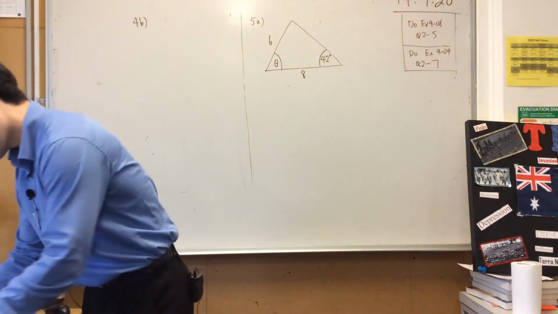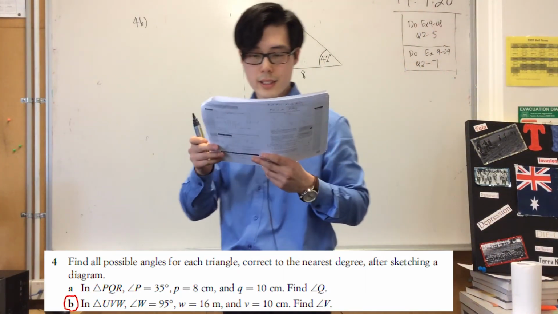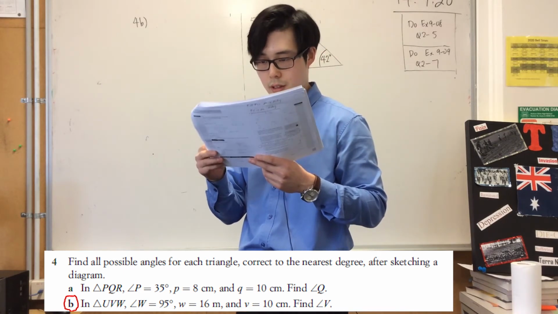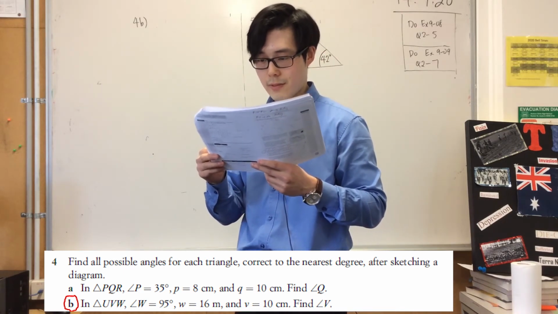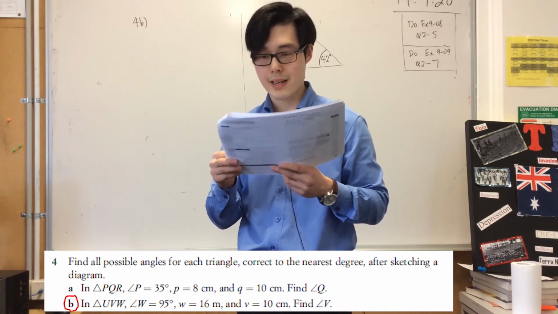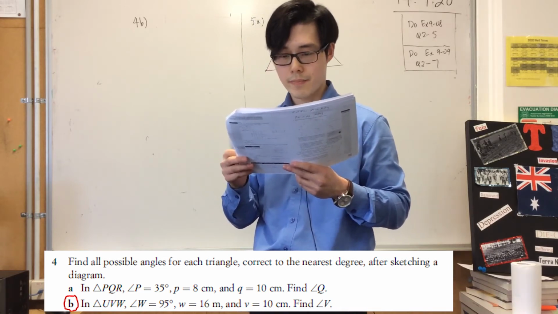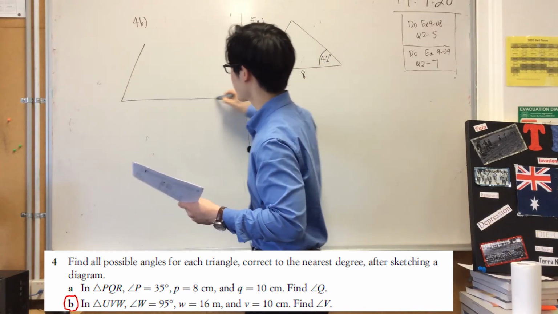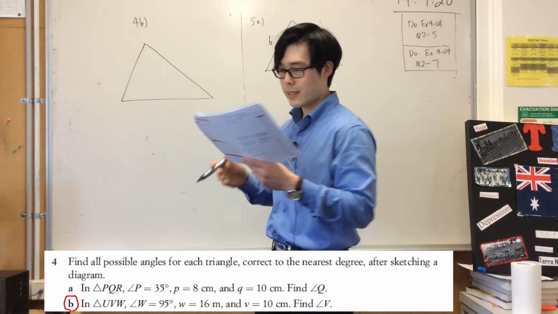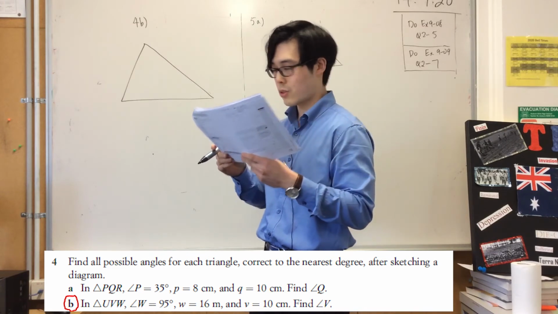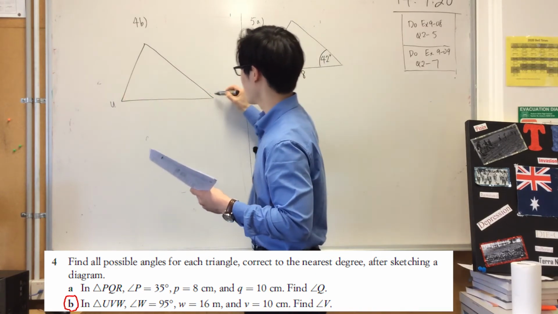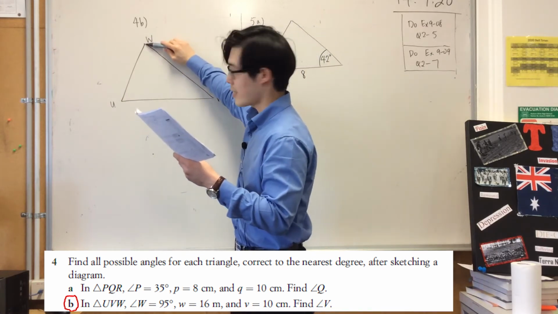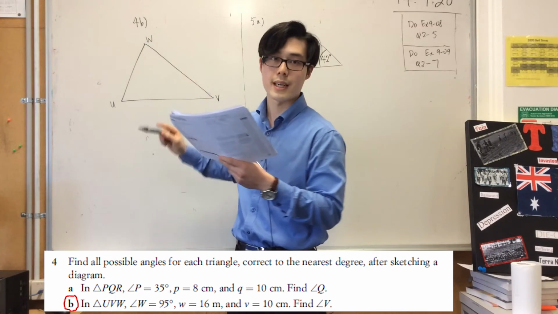Okay, so let's have a look at question 4b. It says in triangle UVW, angle W equals 95, w equals 16 meters, and v equals 10 centimeters. That should say 10 meters. Find the angle V. With this type of question, you want to draw a random scalene triangle. It says triangle UVW, so I'm going to label U, V, W. The reason I labeled W here is because angle W is 95 degrees.